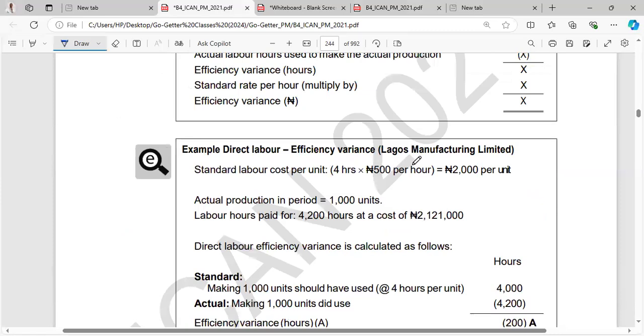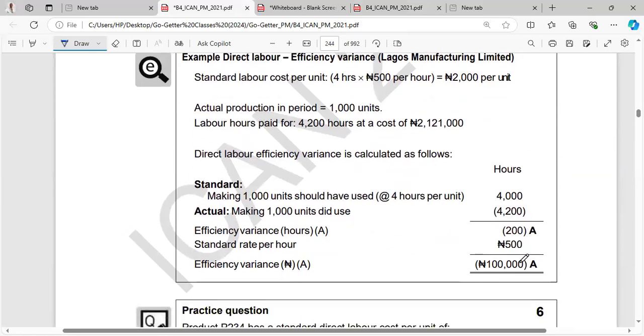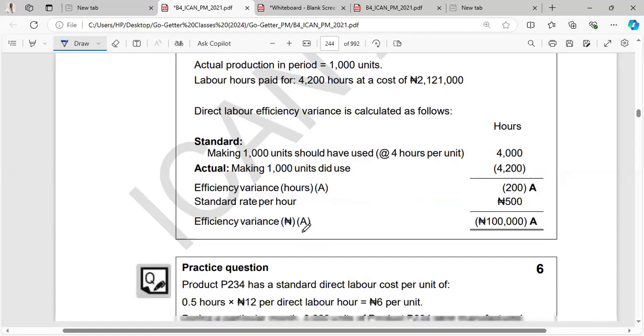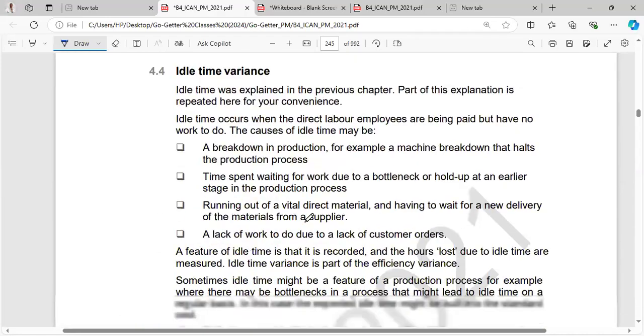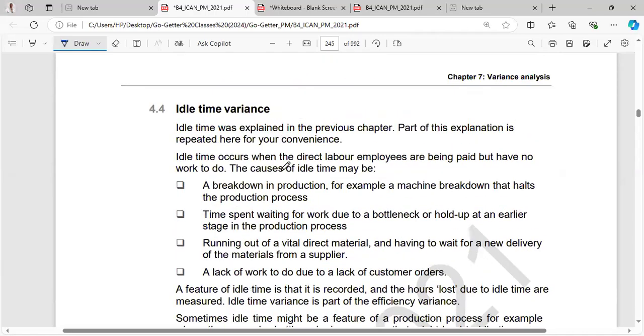Standard hours here, they use 4 hours and they are paying them 500 naira. This is the hours paid for. Now, we calculated the efficiency variance. Making 1,000 units at 4 hours is 4,000. Making 1,000 units, used 4,200 hours. Okay, this is the efficiency variance. I want to see that part.